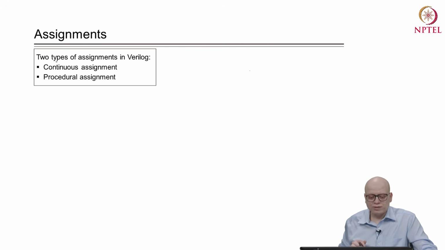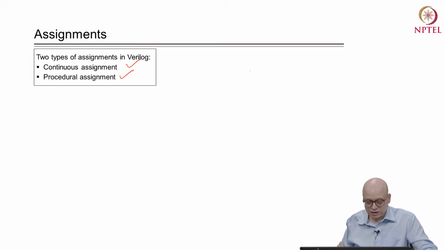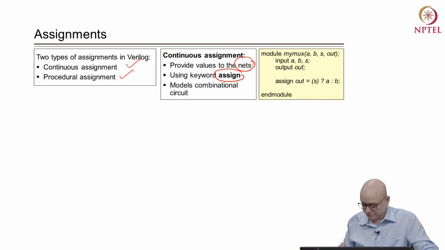Now, let us look at various types of assignments in Verilog. There are 2 types of assignments in Verilog: continuous assignment and procedural assignment. What is a continuous assignment? Continuous assignments provide values to nets, the keyword for continuous assignment is assign, and it is used to model combinational circuits.